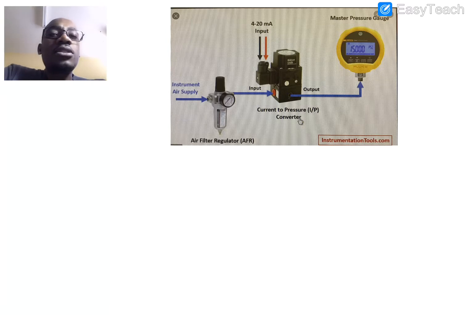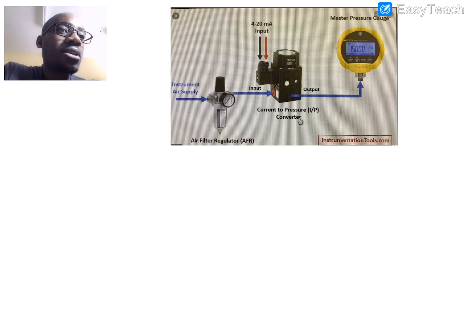Say for instance you have an actuator that can only take the input of pressure instead of current. We need an I2P to convert the signal received from the controller or from the sensor as current and then convert it to pressure. That's where the I2P comes in.